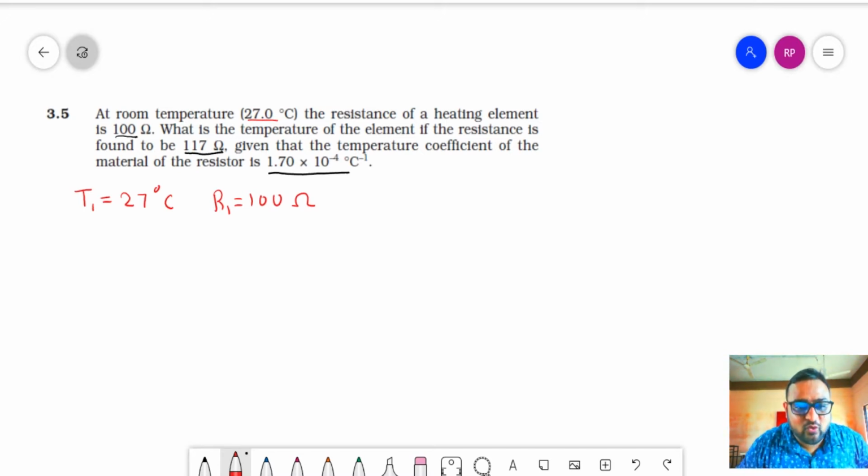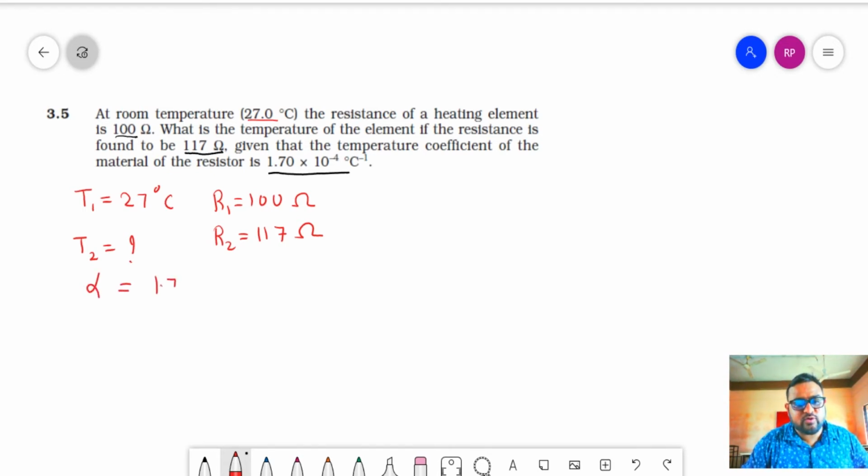Okay, and what is the temperature of the element if the resistance is found to be 117, means R2 is equal to 117 ohm, and at that time you have to find out the temperature. Okay, and what is alpha?